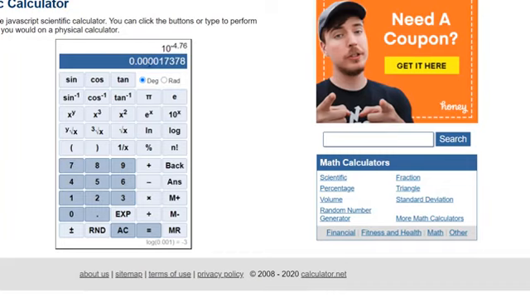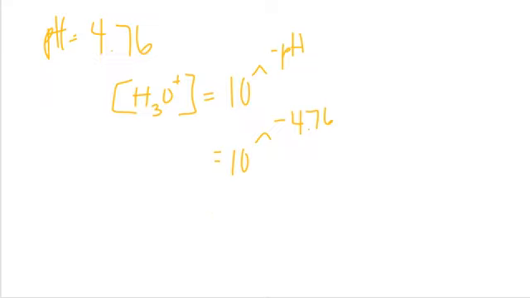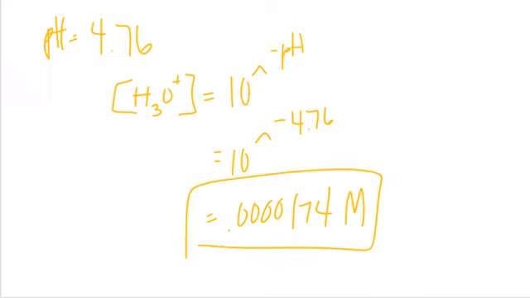And we can see that we would get 0.1234017. And that would be what we would write down. 0.1234174 molarity would be our concentration.